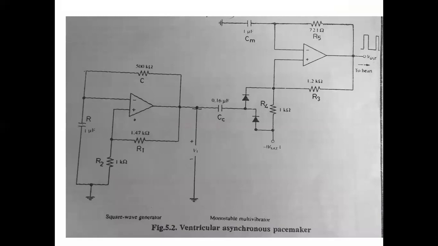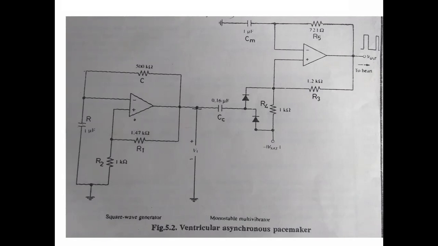In the early days, a blocking oscillator with a transformer was used as a fixed rate pacemaker, because miniature electronic components were not available then. So they would use a blocking oscillator with a transformer as a fixed rate pacemaker.